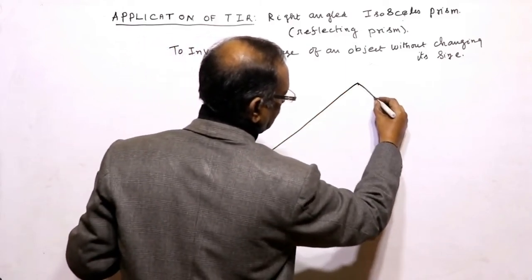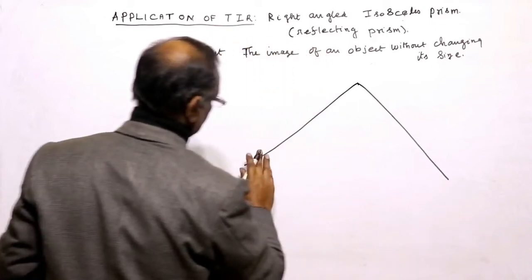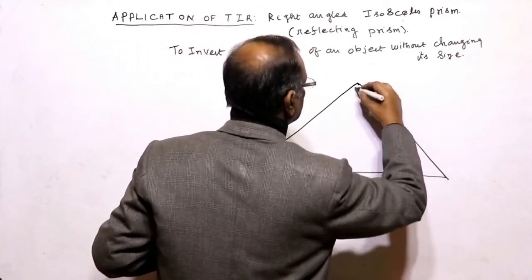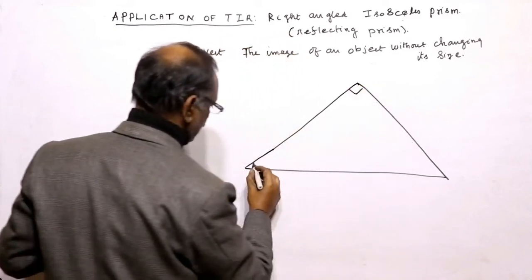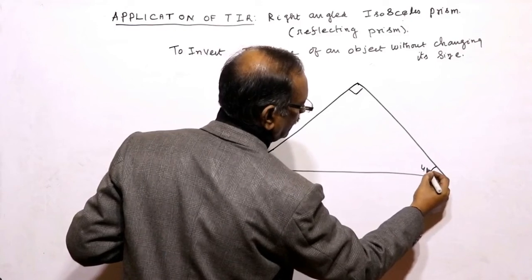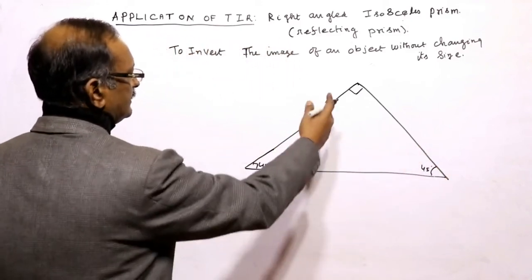This is an isosceles prism. Right angle at this one, this is 45 degree and this is 45 degree and this is 90 degree.